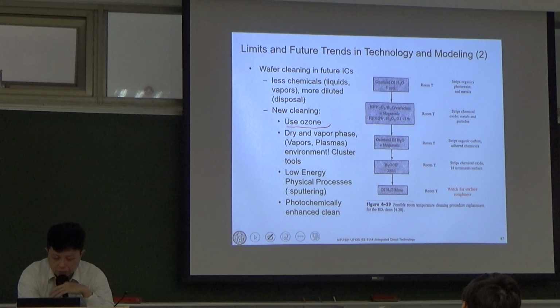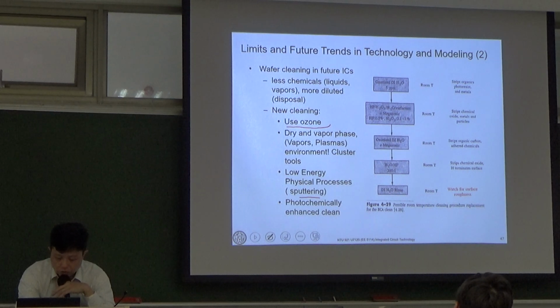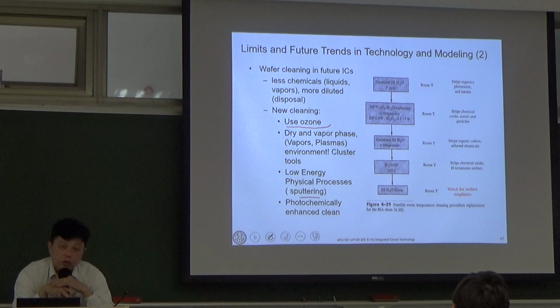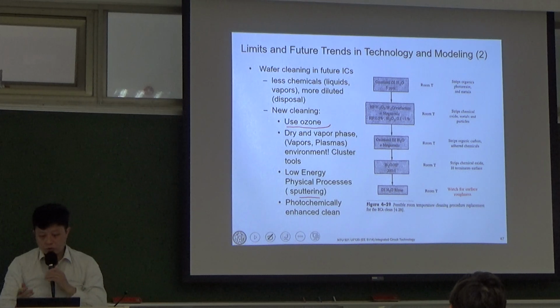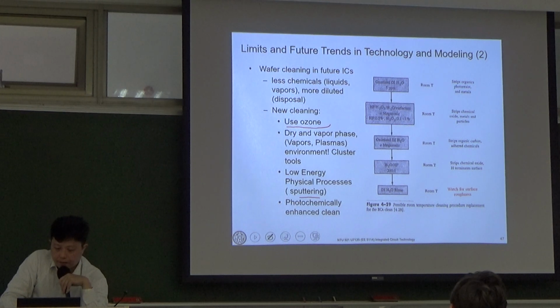Okay, we can use some low energy physical process like sputtering, which can help you remove maybe lead oxide or some iron on the surface of the wafers. Okay, and also some photochemical enhanced clean, which means when you do this chemical reaction, you shine a light, maybe some light with larger energy, like a UV light, which can help you to enhance your cleaning process.